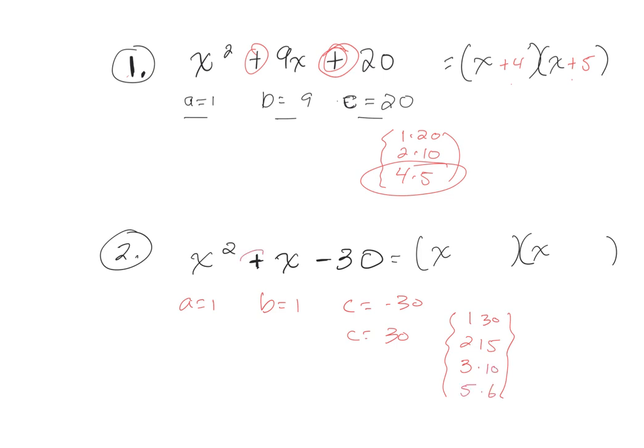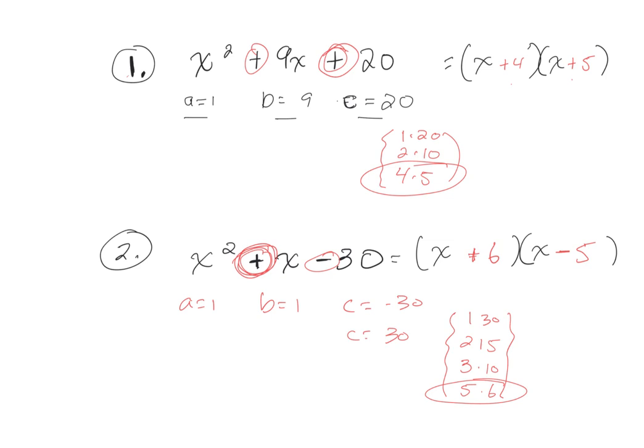So what gives me a difference of 1? Remember, when this is negative, you have opposite signs, positive and negative. So the difference is going to be 5 and 6, which gives me a difference of 1. What number is positive? What number is negative? The bigger number goes with this sign. So that's going to be positive 6 and negative 5, okay?